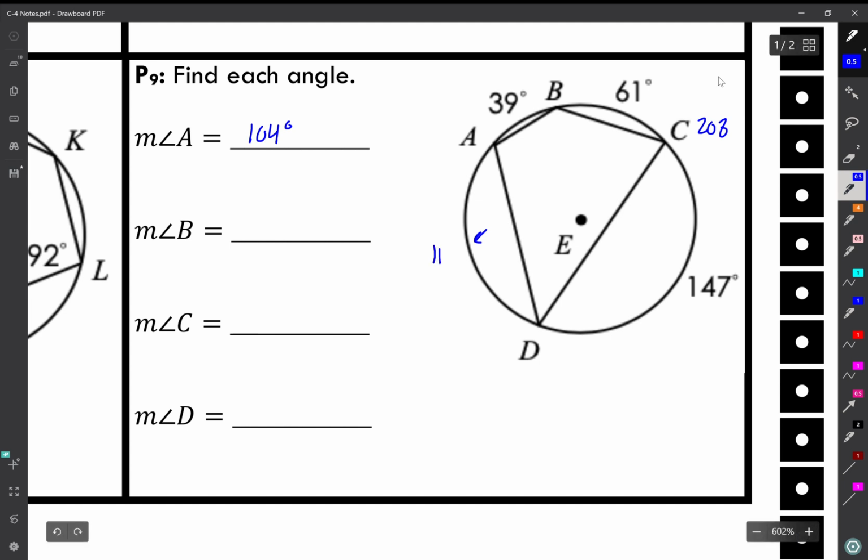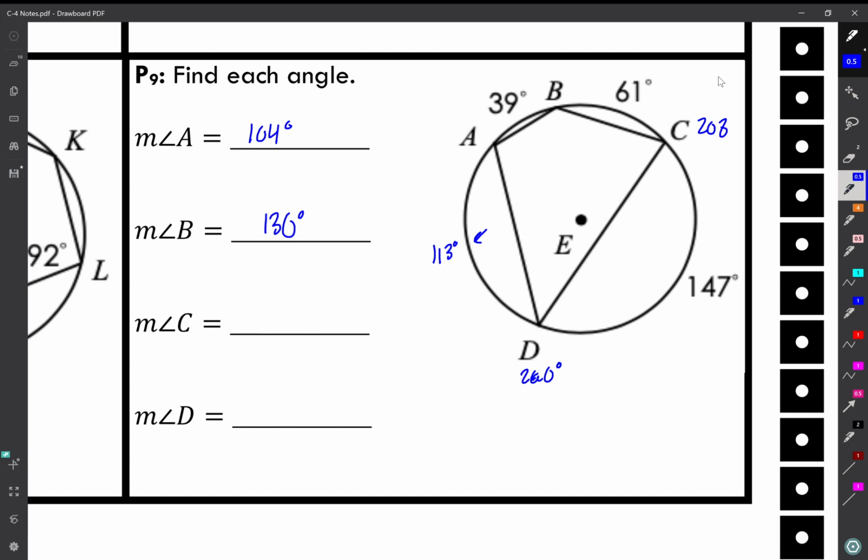That's 113. So this arc right here is 113. Now to do angle B, it's going to be this 113. It's from A to C. So 113 plus 147. Then you're going to take that and divide by 2. So together these give me 260. Okay, 260 divided by 2 is going to give me my angle measure right here, which is 130 degrees.